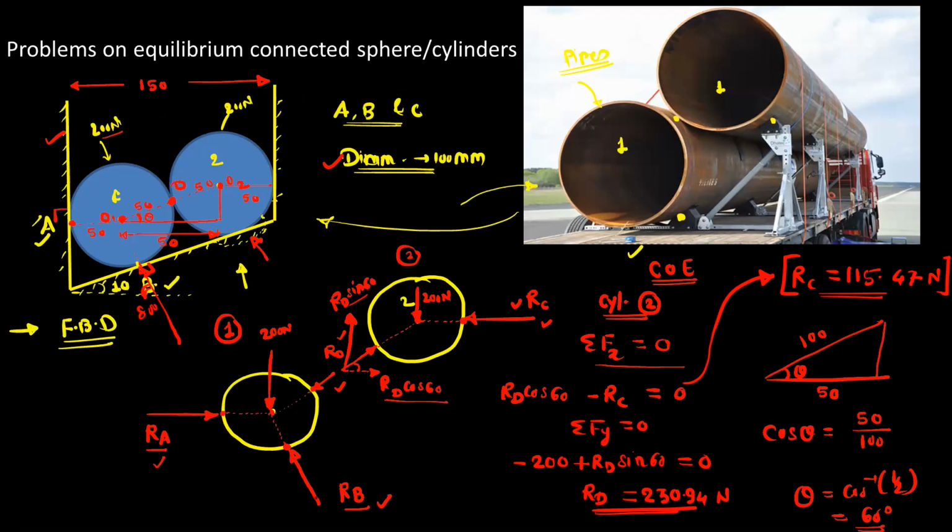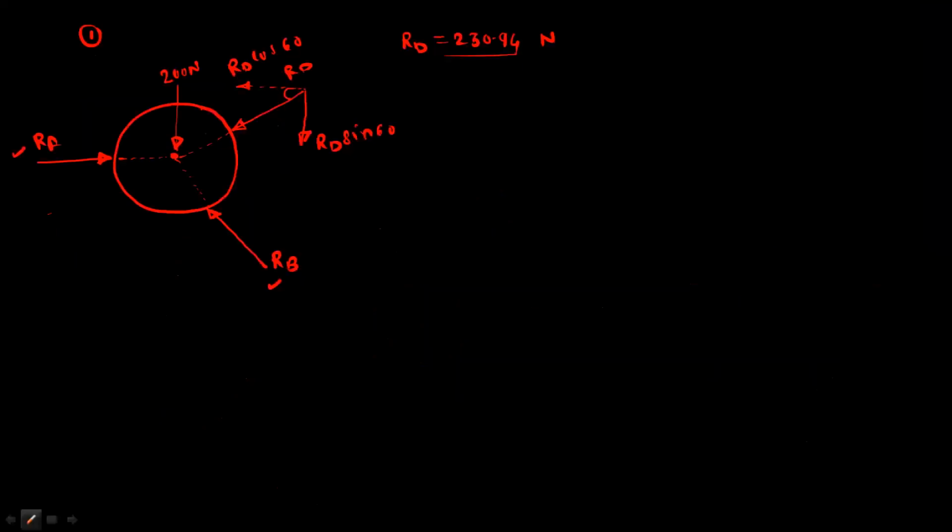Here you can show the angle for reaction Rb as 80 degrees. Now you can resolve the reaction Rb: the y component is Rb sin 80 and the x component is Rb cos 80.